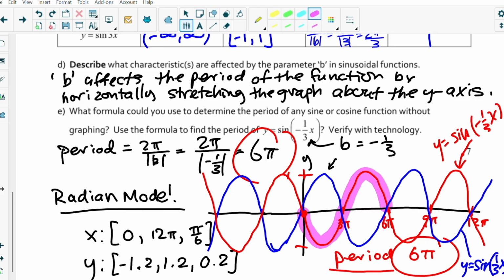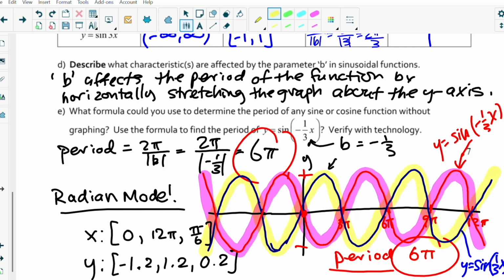Okay, so if I highlight this portion, here's the red graph. And then if I think about the blue graph as reflected, does it look like a reflection about the y-axis?